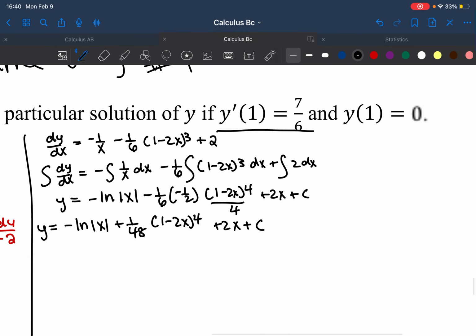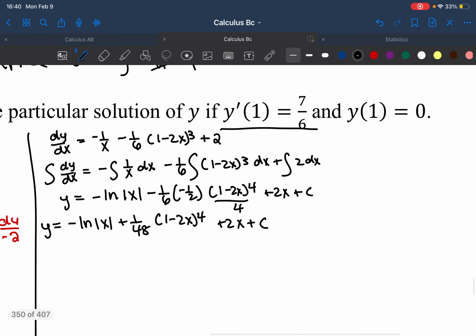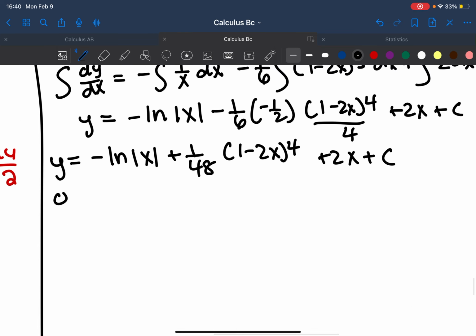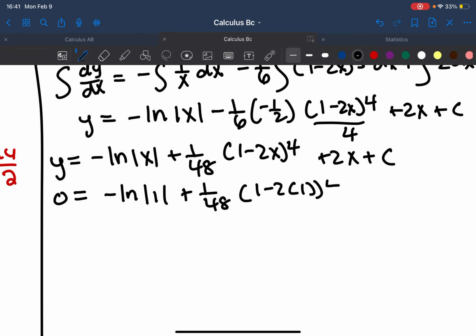Well, now I can use the condition y of 1 is equal to 0 and plug it in to find c. So I have 0 is equal to negative natural log of 1 plus 1 over 48 times (1 minus 2 times 1) to the 4th plus 2 times 1 plus c.